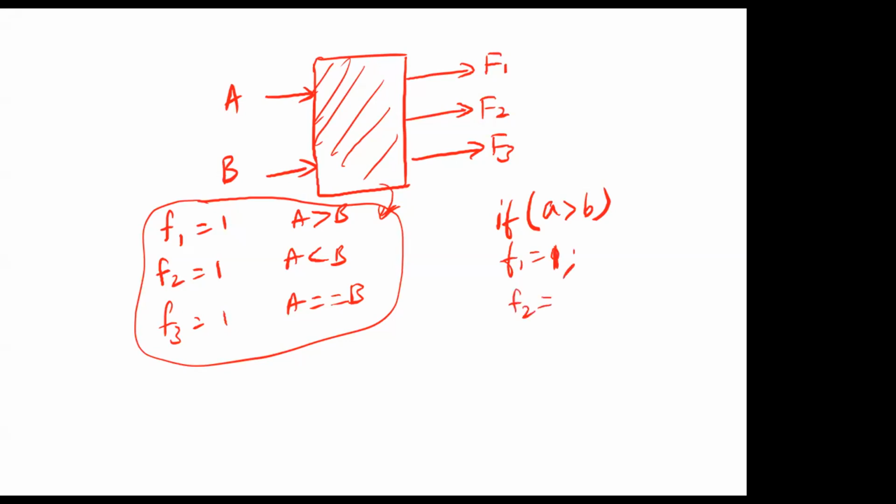So something like this, right? Else if, for example, A is less than B, sure, else if A is less than B, then F2 is 1, and F1 and F3 are 0, and so on, right? Mhm.